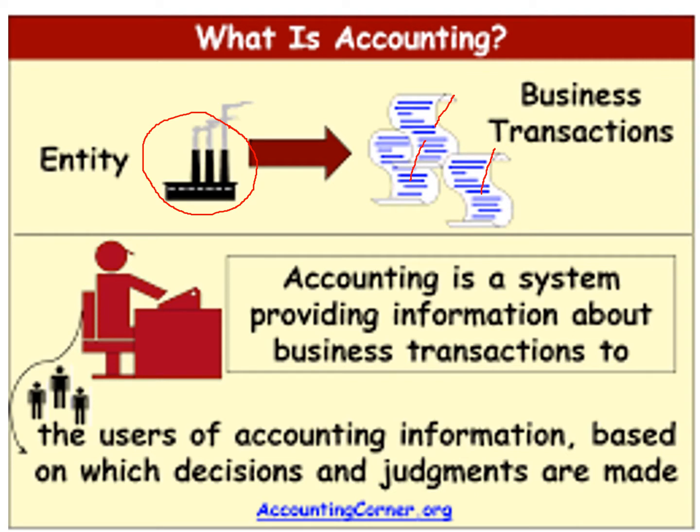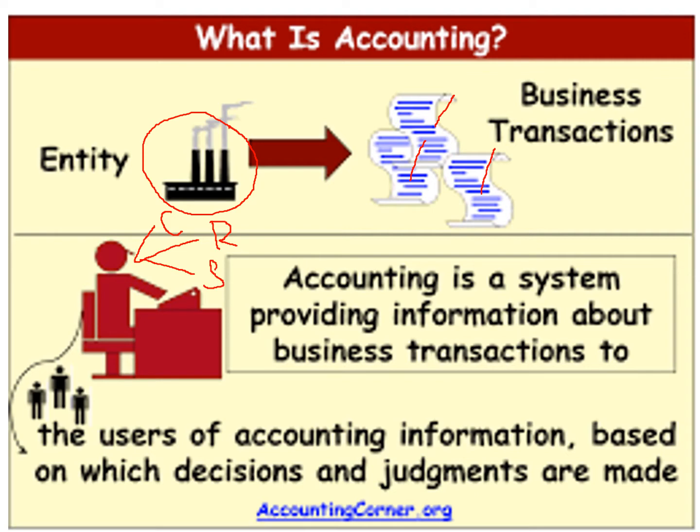So what the business needs to do with the business transactions is that these transactions will go through the process of accounting. Here we will classify the business transactions, followed by recording, and then summarizing.